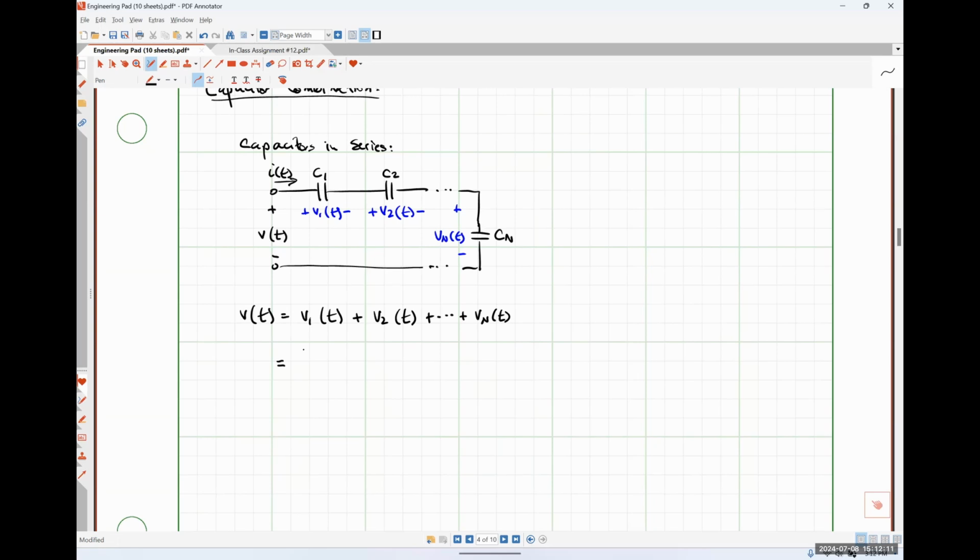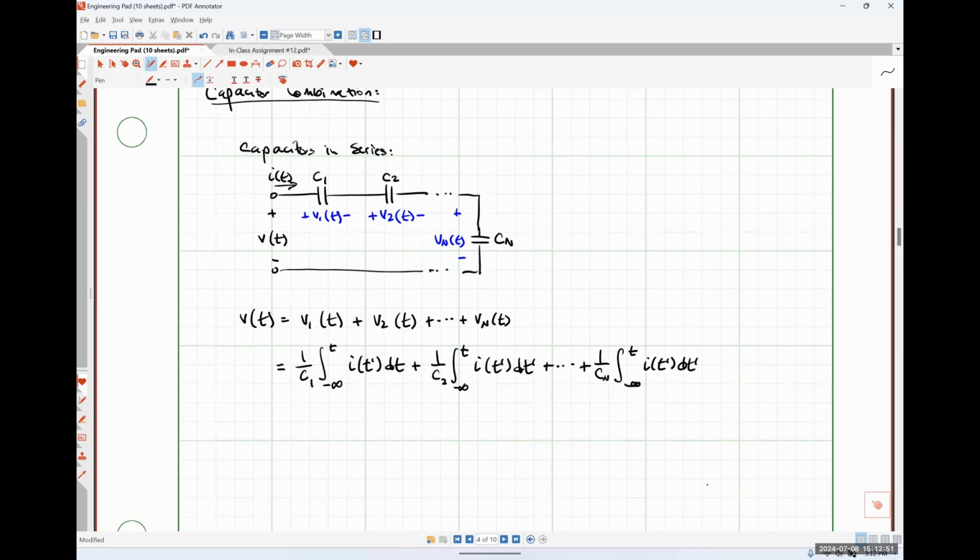So that would look like 1 over C1 times the integral from negative infinity to t of I of t prime dt prime plus 1 over C2 times the integral from negative infinity to t of I of t prime dt prime all the way out to 1 over C sub n times the integral from negative infinity to t of I of t prime dt prime.